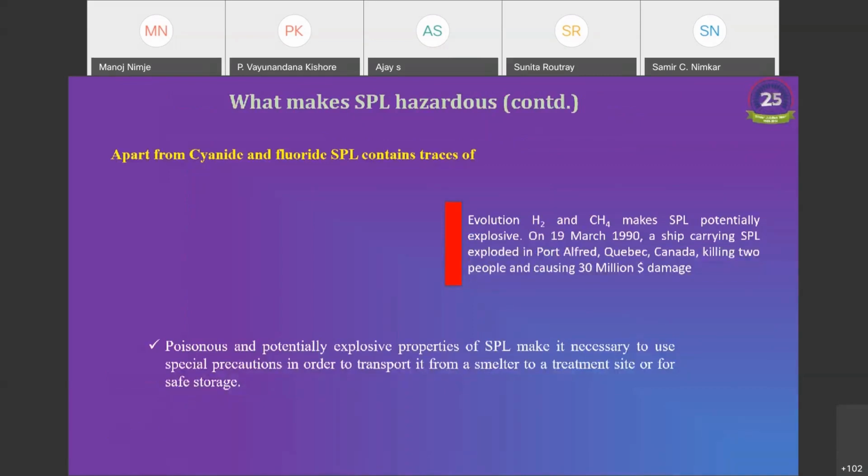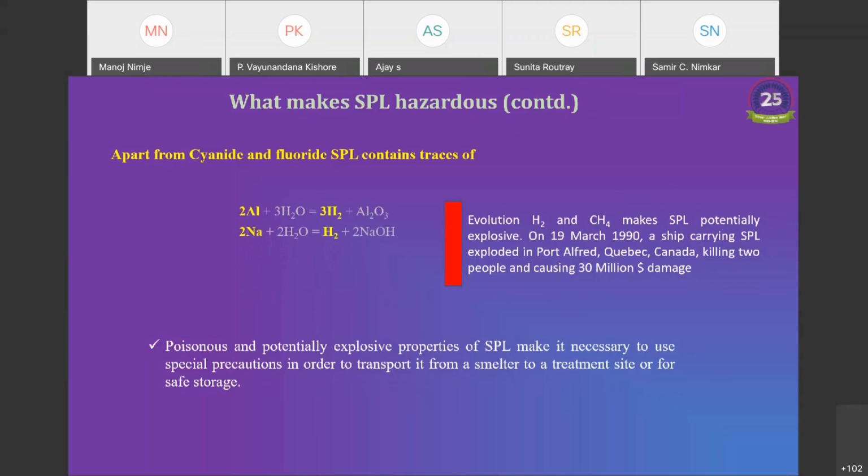Apart from the leachable cyanide and leachable fluoride, SPL also contains traces of metallic aluminum particles, penetrated sodium, aluminum carbide, and aluminum nitride. And all these elements or compounds, when they come in contact with moisture or water, produce explosive and poisonous gas. For example, aluminum particles, when reacted with water or moisture, will produce ammonia and hydrogen gas.